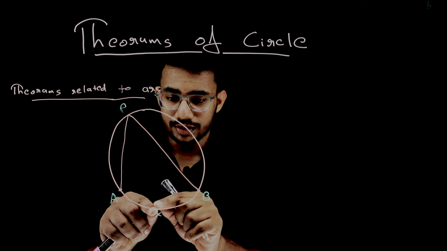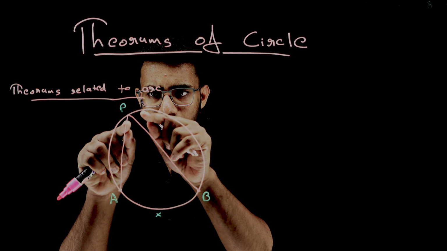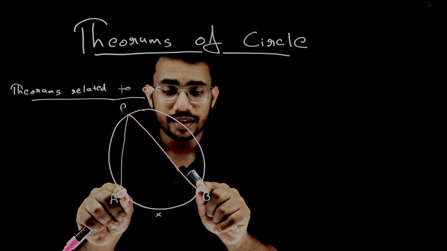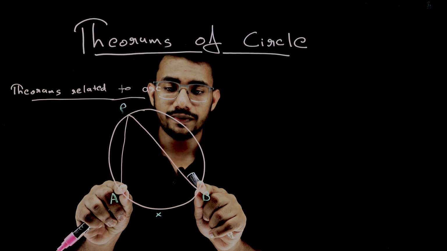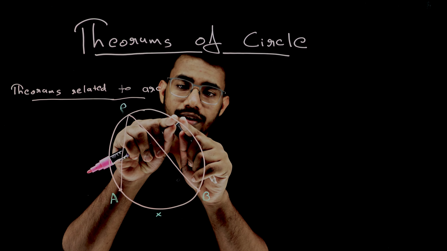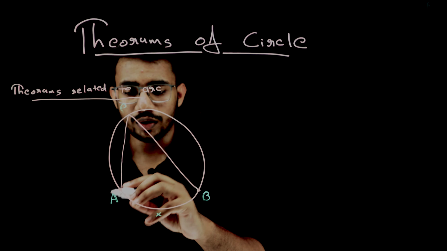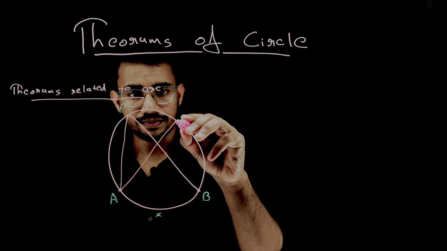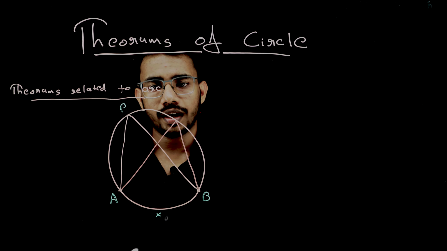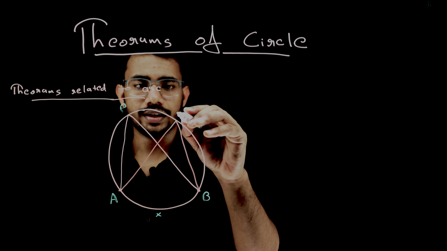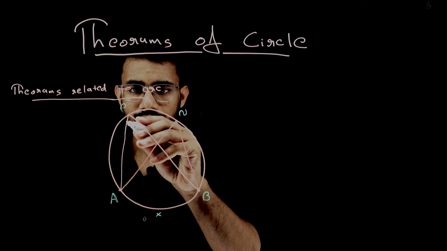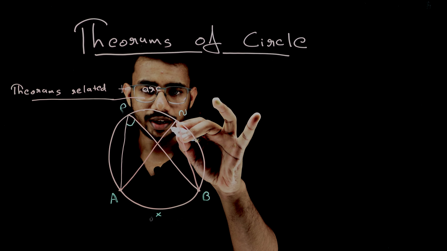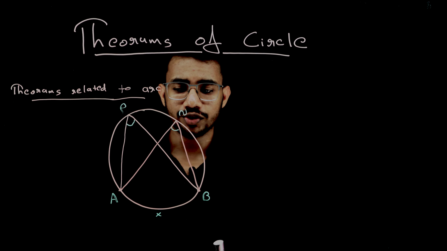So this is my arc and that is forming an angle, and the same arc itself is forming another angle right here, exactly here, and that angle being N. So I'm having an angle here and an angle here. I want you to visualize this one.